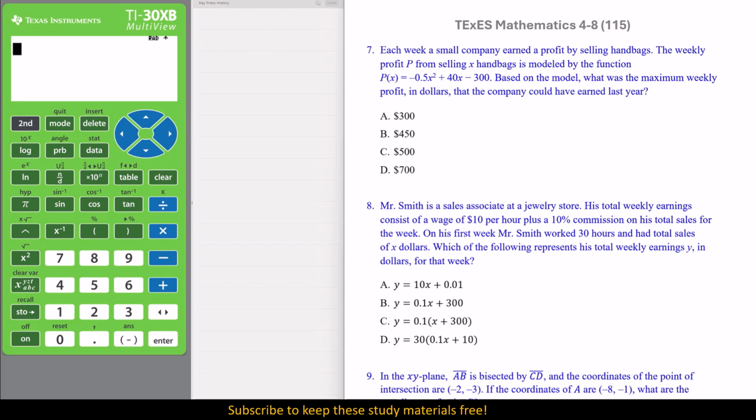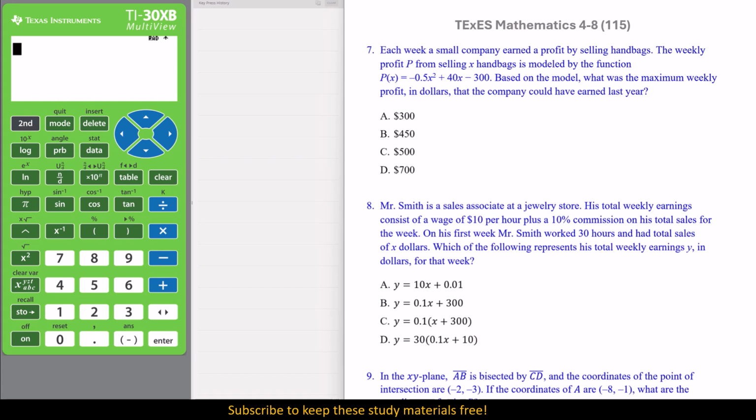Number 7, each week a small company earned a profit by selling handbags. The weekly profit P from selling x handbags is modeled by the function P of x equals negative 0.5x squared plus 40x minus 300.